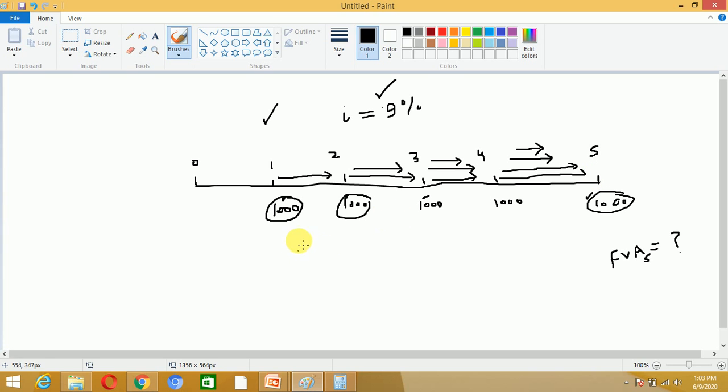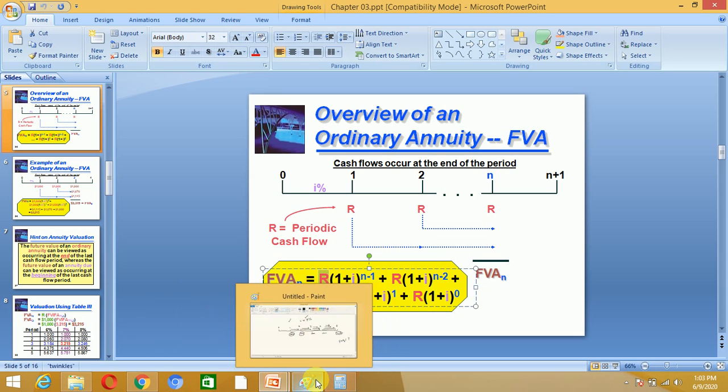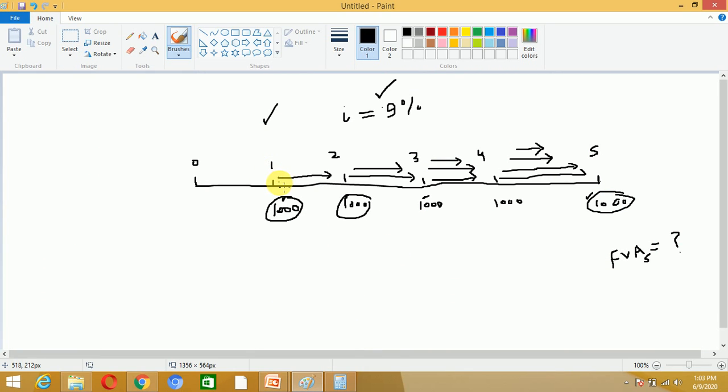So now look at the formula. R means the annual payment, (1 plus i) raised to the power n minus 1. N minus 1, what does it mean? It means the total time period from here to here, it is 5 years.